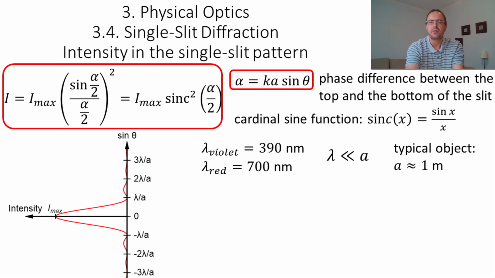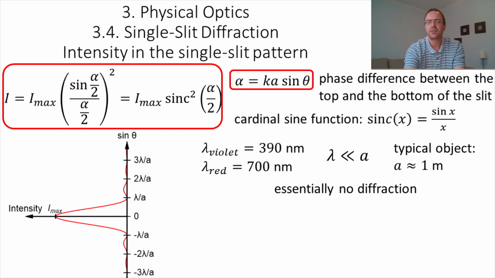So lambda over a will be very, very small. And so if you look at the graph with lambda over a very, very small, most of the intensity will be at theta equals 0. So that means that we only see the light that is going straight through the slit. So there is essentially no visible diffraction.